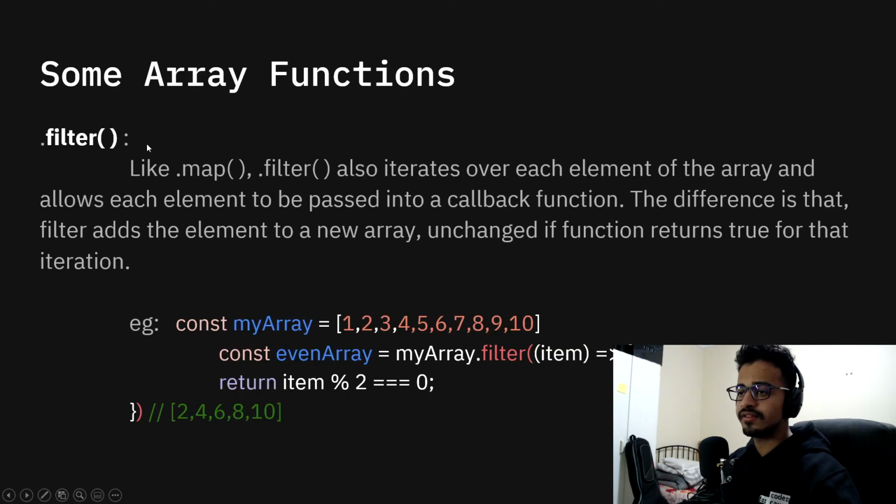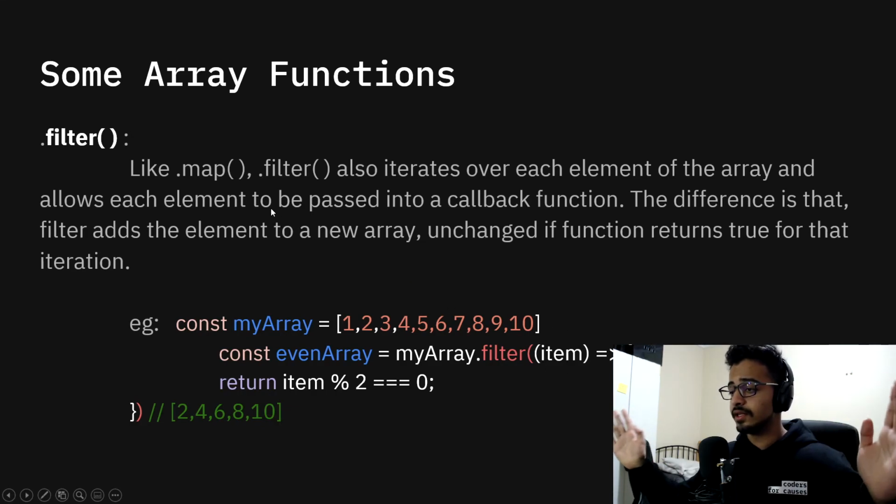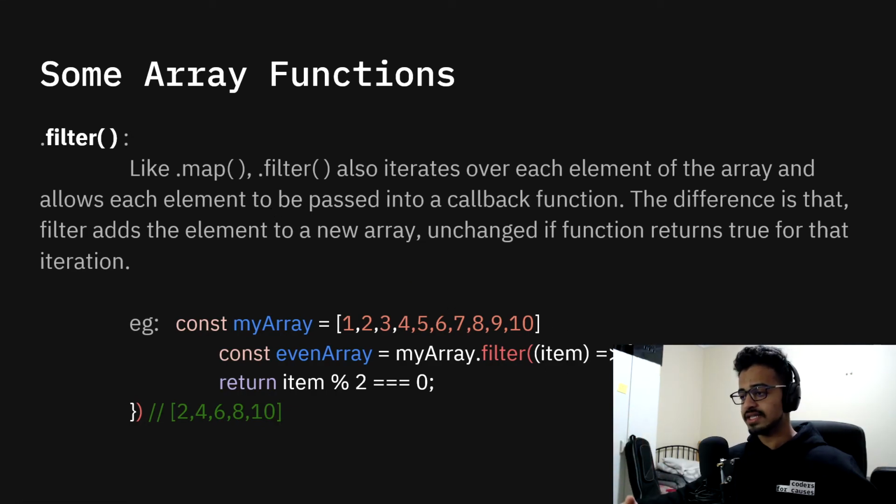You also have a filter function. The filter function is different. It also does the looping thing where it iterates over each item in the array. But if the item meets a certain condition, it will add this item to a new array, and then it returns this new array at the end.